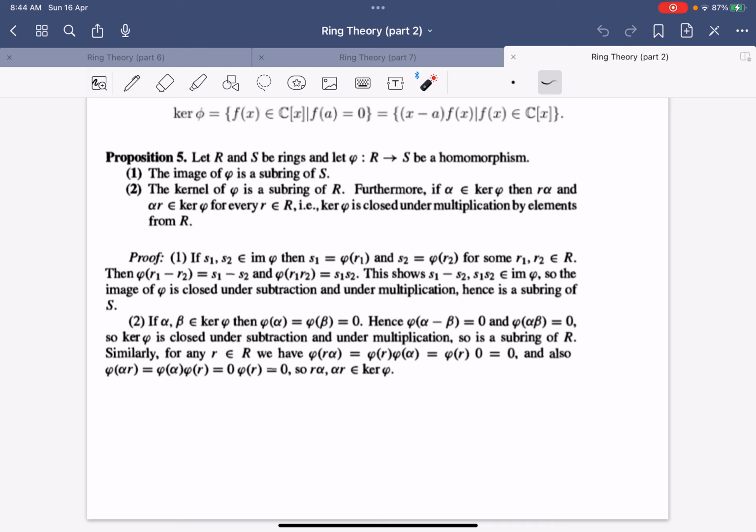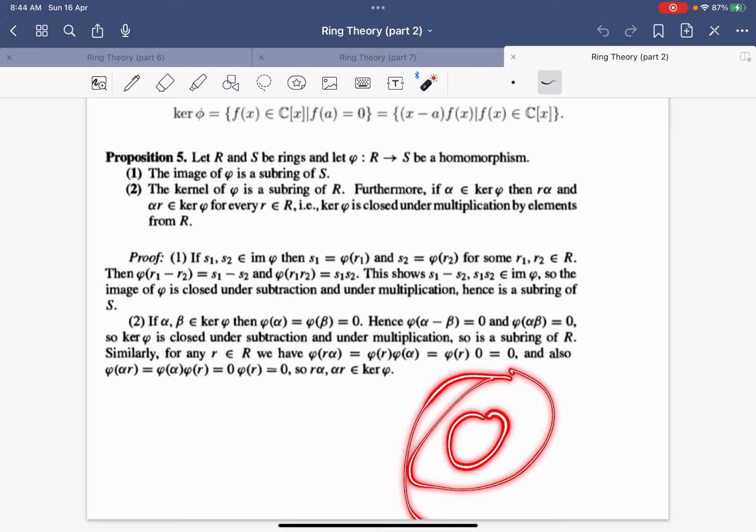So you can see the property you want is that when you have an element alpha of a kernel, it is closed under multiplication by all elements in R, which is the bigger set. So you've got R here, and the kernel is here.